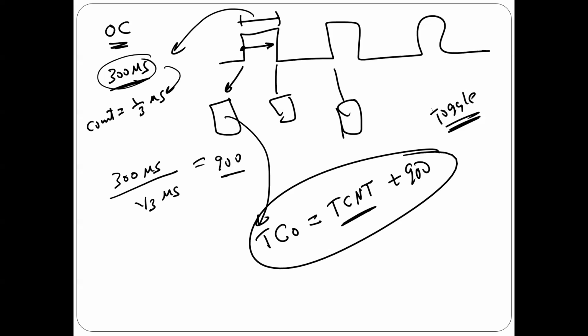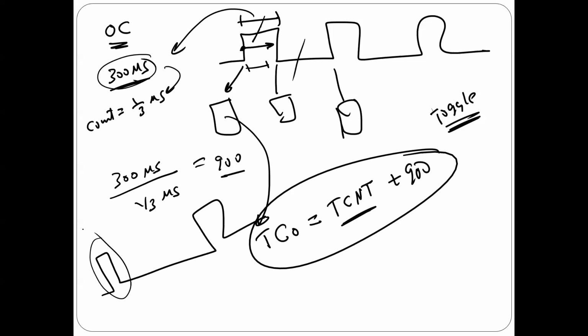For sure, just to make it simple, I'm assuming the time here is equal to the time here, but it can be different, as we did, so you can generate a signal like that. In this case, if it is high, for example, I'm gonna say TC equal TC in T plus 100.